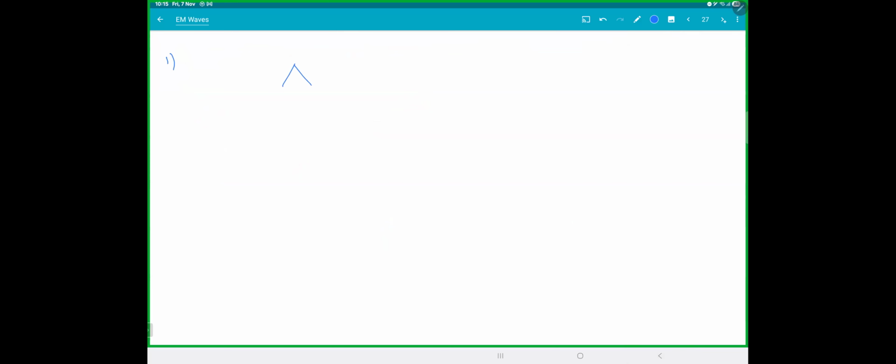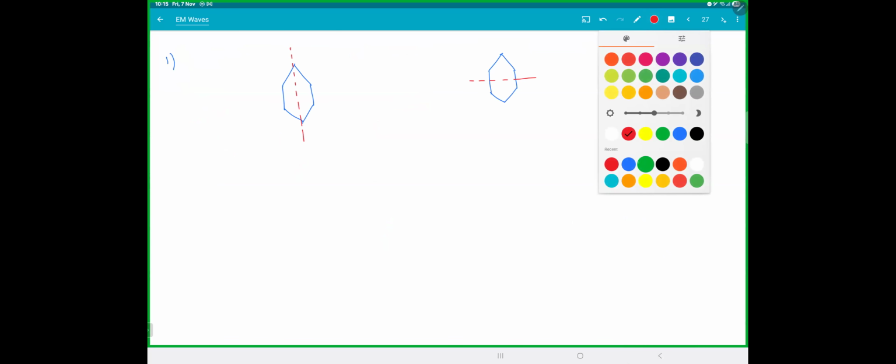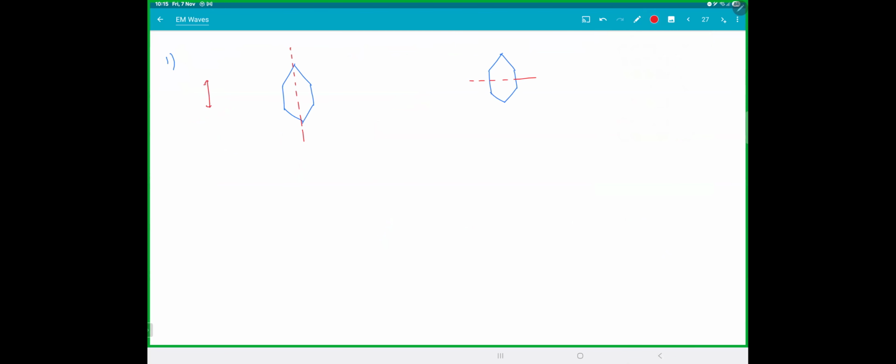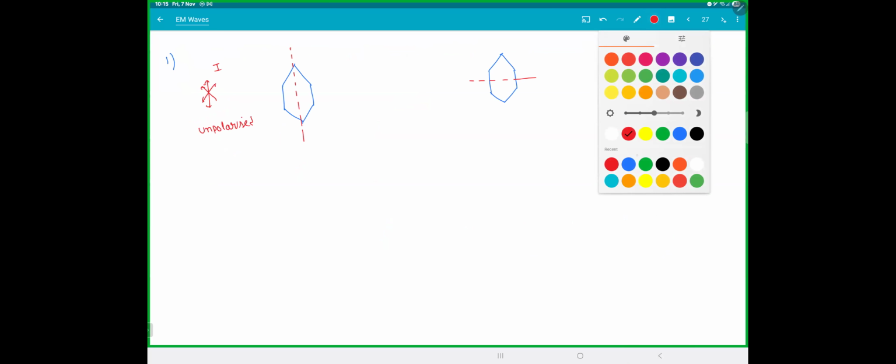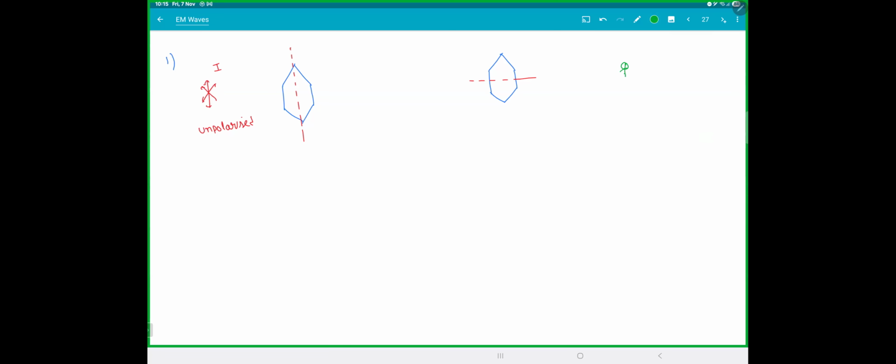So now you tell me, let's say if you have two polarizers, this is the transmission axis and this is the transmission axis, both are perpendicular. And if you send unpolarized light of intensity I, what will I see after the two polarizers? What is the intensity he will see?